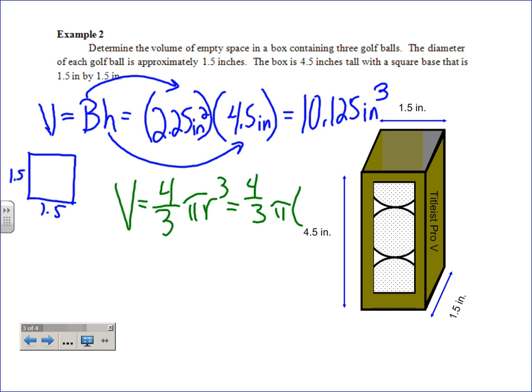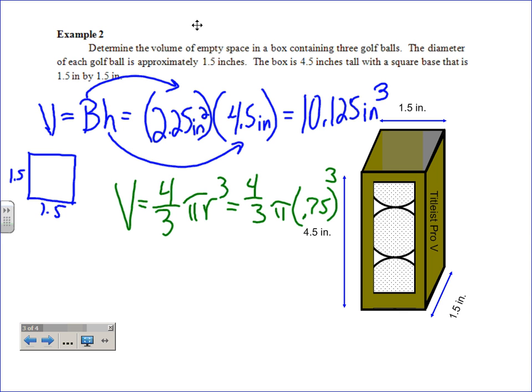What's the radius then? 0.75, okay. Which I have to, unfortunately, take to the, not second, but 3rd power. Okay, so that's going to take a little bit more work. Once again, I'll just write it over here so I can refer to it.